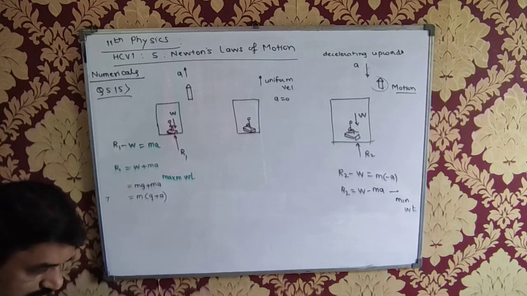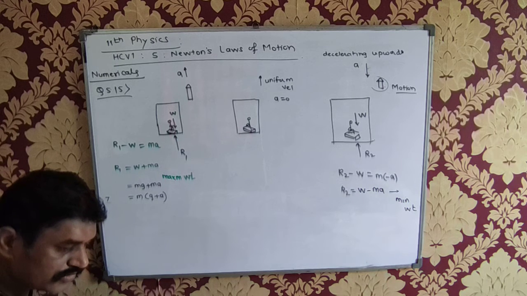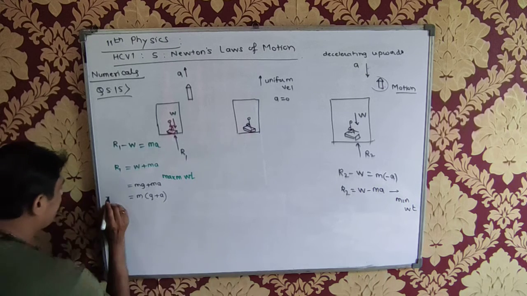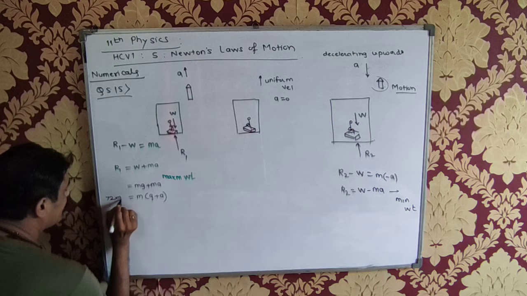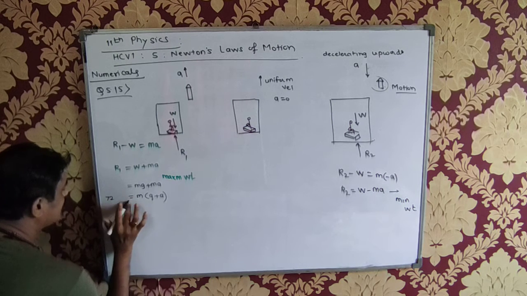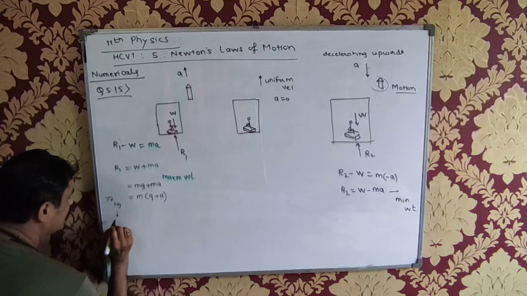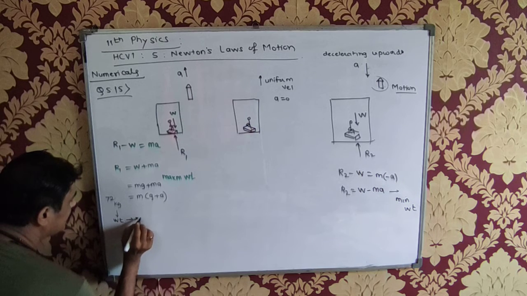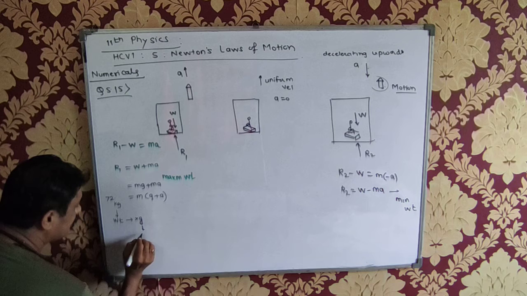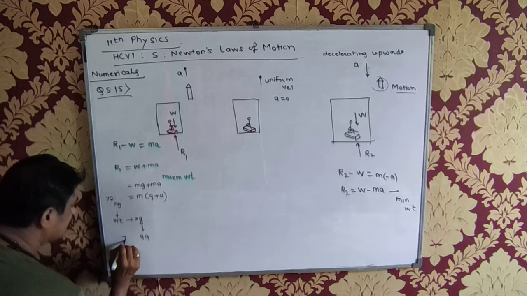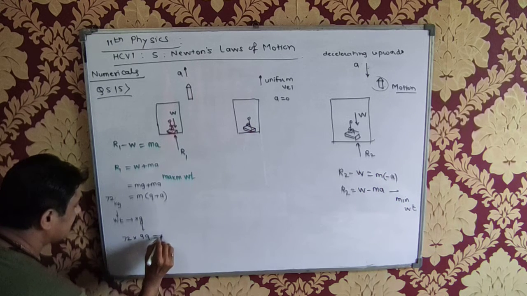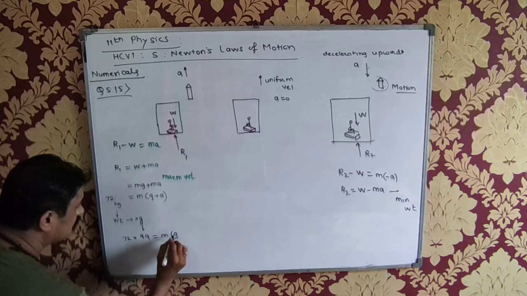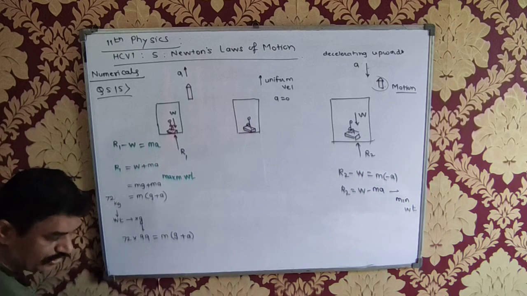This is 72 into 9.9, because I have to convert the 72 kg into weight, multiplying by the value of g, which is 9.9. So 72 into 9.9 is equal to m into g plus a. I hope you understand that.